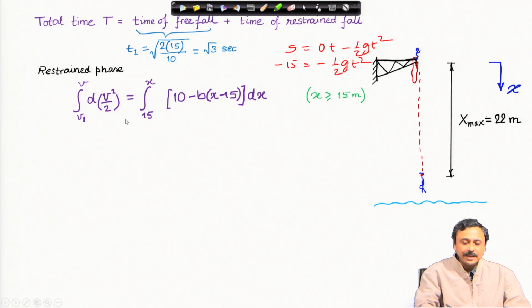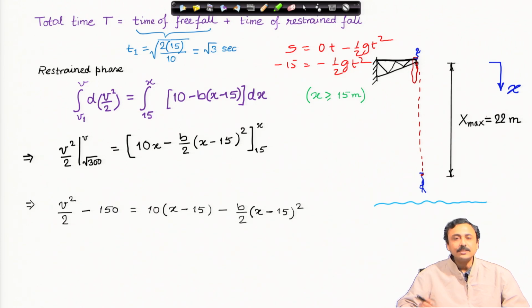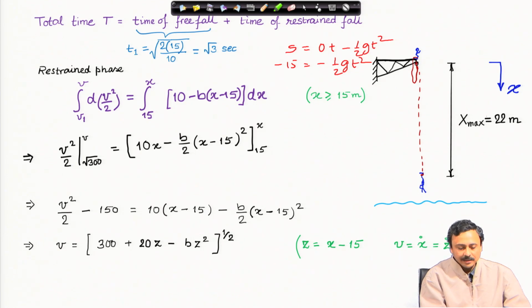So, with these limits I do this integration, follows the same steps, but I get v here at a certain location x. This step is purely an algebraic step which I am not discussing, I leave it to you to complete.